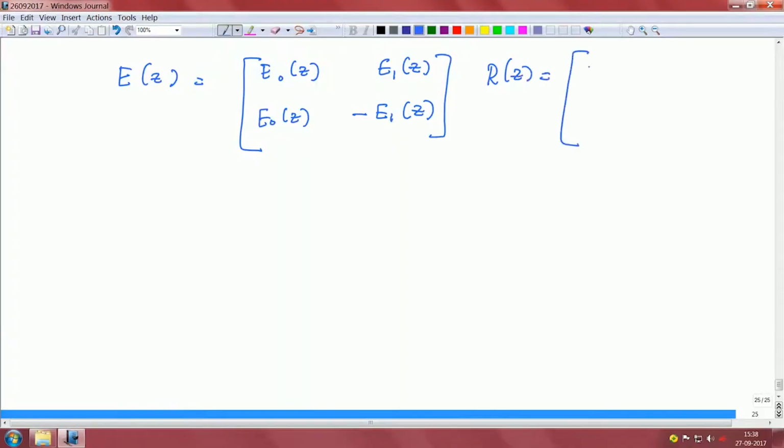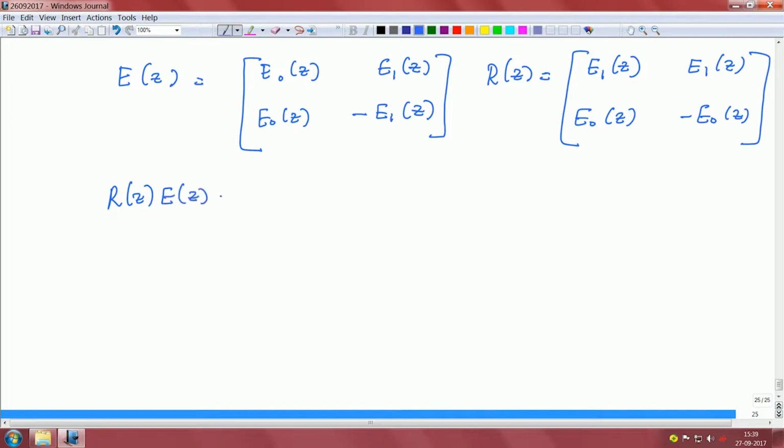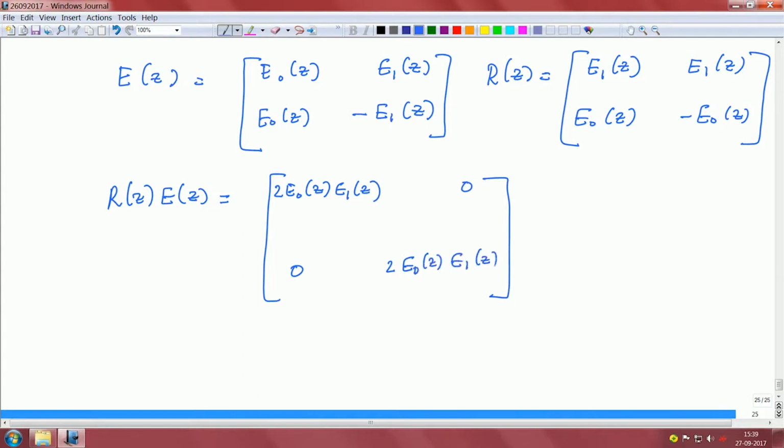Similarly, we have R of z to be of the form, if we impose this structure, then we look at R of z times E of z, that gives us this matrix 2 E naught of z, E1 of z, 0, 0, 2 E naught of z, E1 of z.